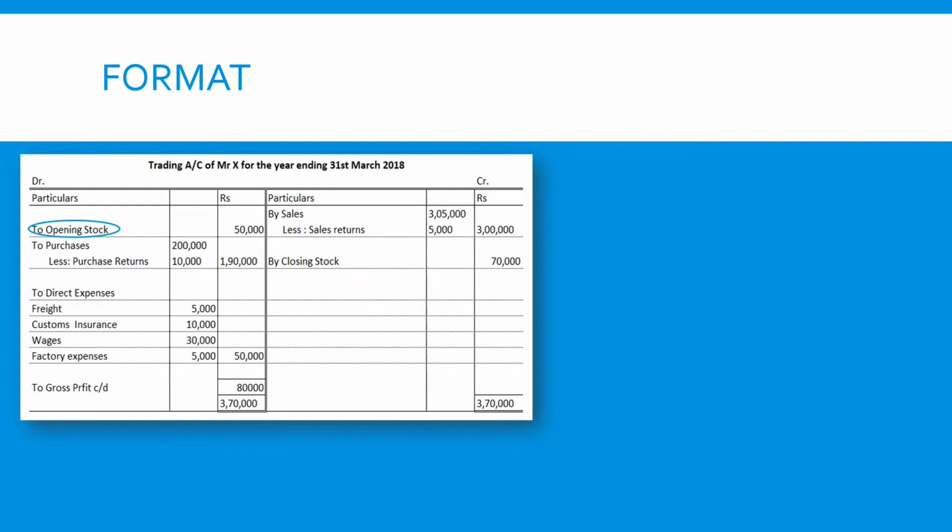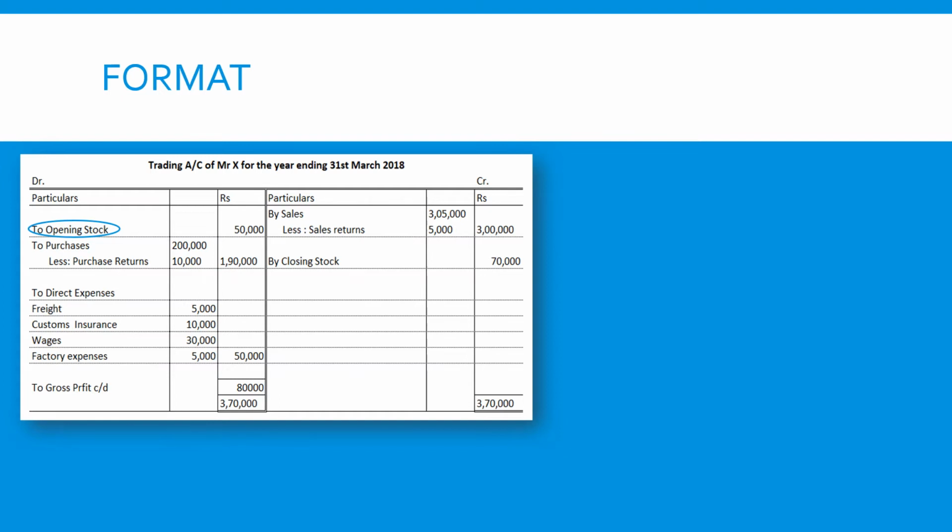But if there is a cloth manufacturer who manufactures, stitches and then sells, then for him the cloth becomes the finished good. In the opening stock we can categorize the items into 3 parts: raw material, work in progress, and finished goods.